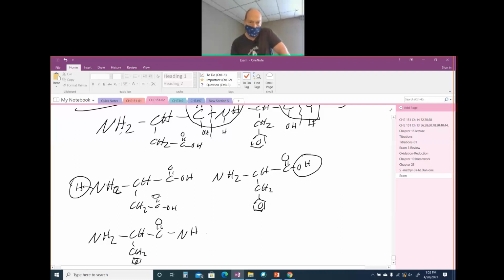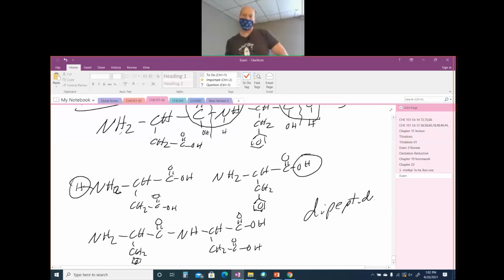And so now we have NH. And now we have our carboxylic acid, CH2, C double bond O, OH. And then our C double bond O, OH. So this is our dipeptide. A dipeptide means 2 amino acids.